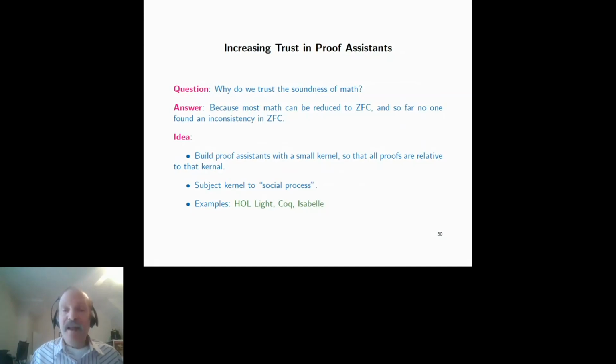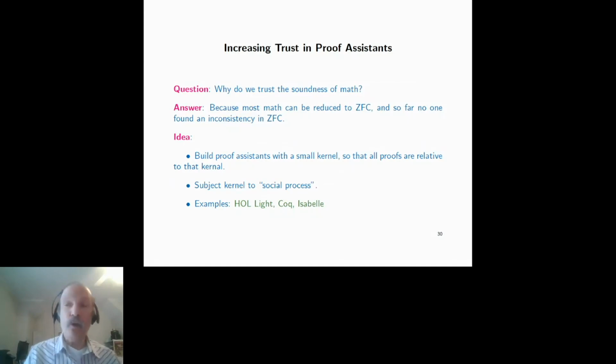So the idea is, let's build proof assistants with small kernels, and all the proofs must be expressible relative to that kernel within the formalism of the kernel itself. And the kernel should be small so we can subject it to a social process. The kernel is not going to be 1,000 pages. We want the kernel to be at most thousands of lines. And we'll publish the kernel, and the whole community will read the kernel carefully and examine it.